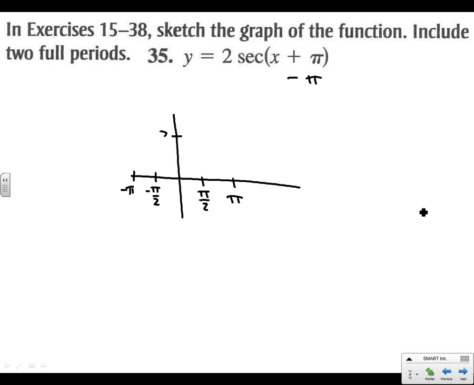We're going to have an amplitude of 2, and so secant is the flip of cosine, so we'll do a normal cosine curve. Start high, finish high, asymptotes on the zeros, curve off of your remaining dots. And there you have it. That is a 1-period graph of secant.